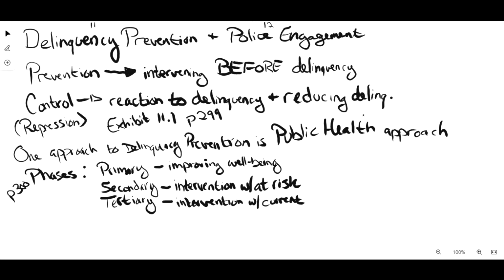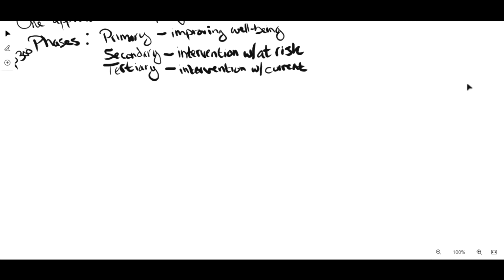Secondary level is having direct intervention with those who have the potential, and then the third level down, the tertiary level, is simply hitting those who are currently in the system. Like I said, that is one way in which we can approach juvenile delinquency and how to reduce those numbers and work with it.